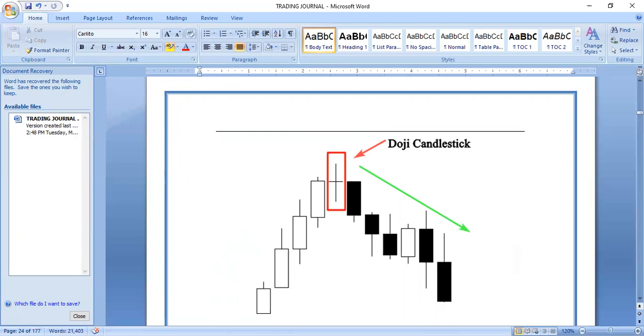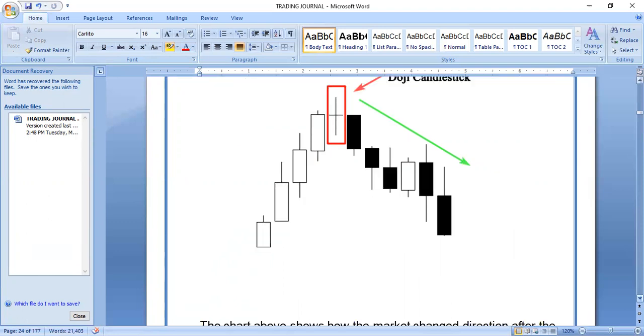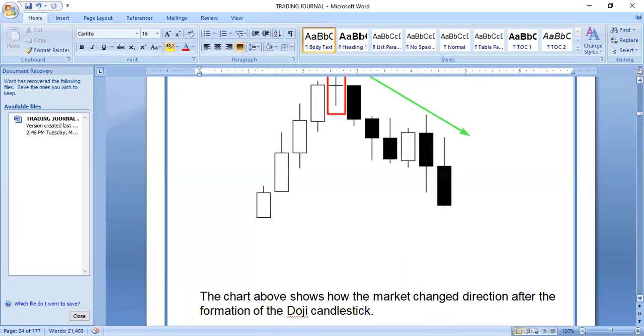That's how you can use a doji. But basically, very important dojis are those that are normally found on a support or even a resistance zone. So you normally check on dojis at either the resistance or the support zone at any particular point.